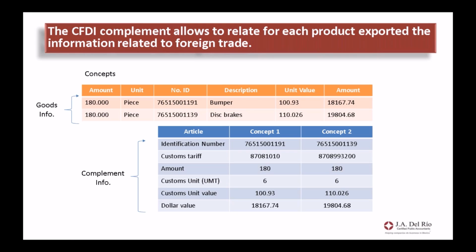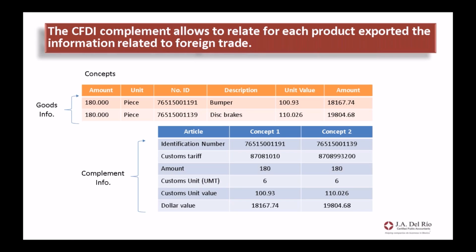However, the blue part represents the complement information that will be added to the electronic invoice. In this case, we were referring to the identification number, the customs tariff, the customs unit value, and the dollar value at all times, which we were mentioning is mandatory to establish everything in USD.